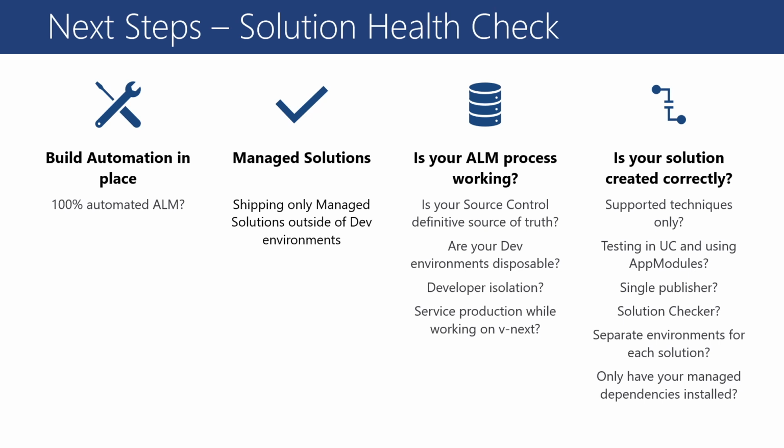Are you capable of servicing your production instance while still working on your next release? Is your solution created correctly? Are you using supported techniques? Single publisher? Are you validating with Solution Checker? Are you using separate environments for each solution? These are important questions to ask yourself to validate the solution health and ALM health of your organization.